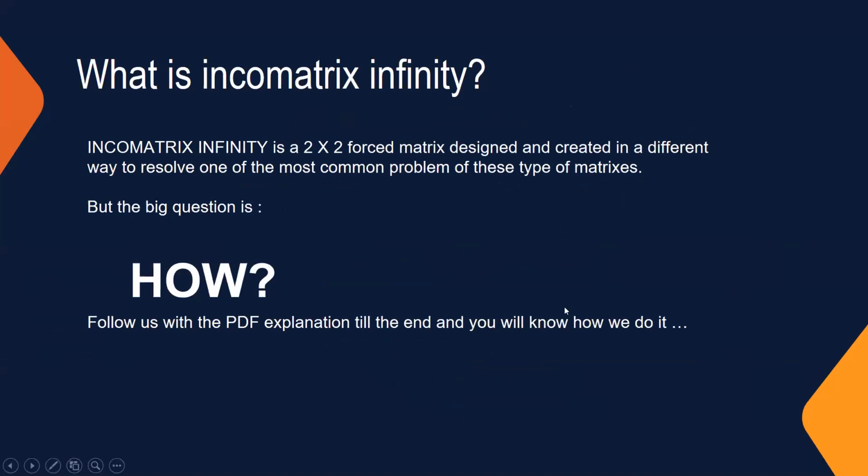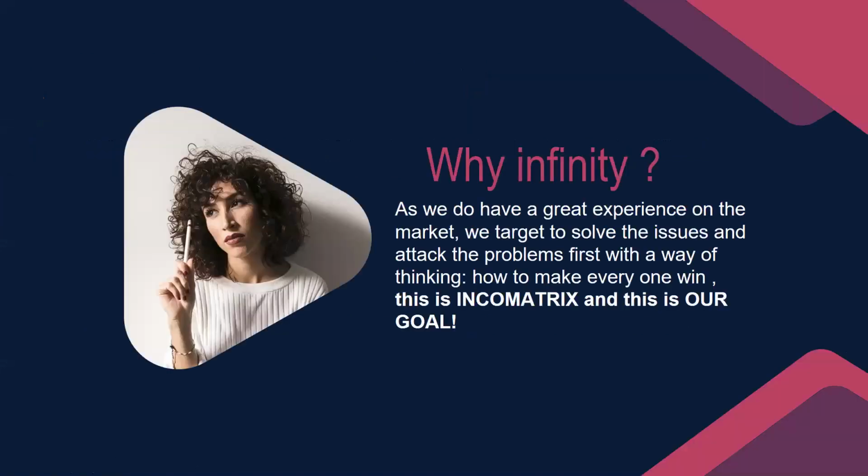Incomatrix Infinity is a 2x2 forced matrix designed and created in a different way to solve one of the most common problems of this type of matrix, which is the stall movement. But the big question is how this is possible, to get a solution to what all 2x2 smart contracts are having. No issues, follow us with the PDF explanation and you will get to know by yourself.